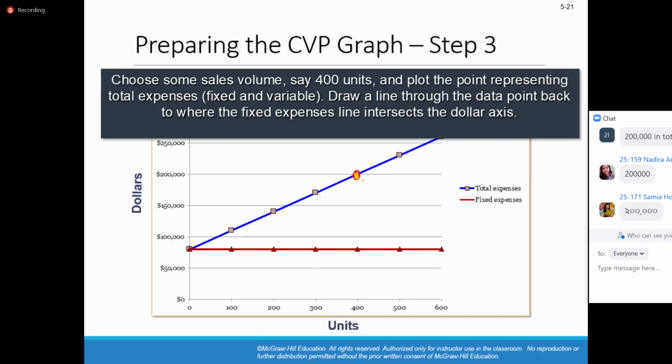It indicates the relation between 400 units sold and the total expenses incurred for producing these 400 units of bicycle. So you mentioned that it is 200,000. That's why you see on the vertical axis, we are connecting this with the $200,000. Okay.